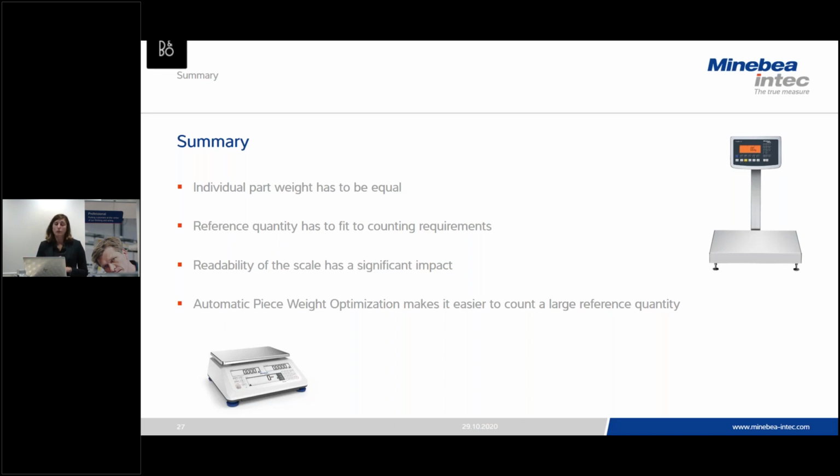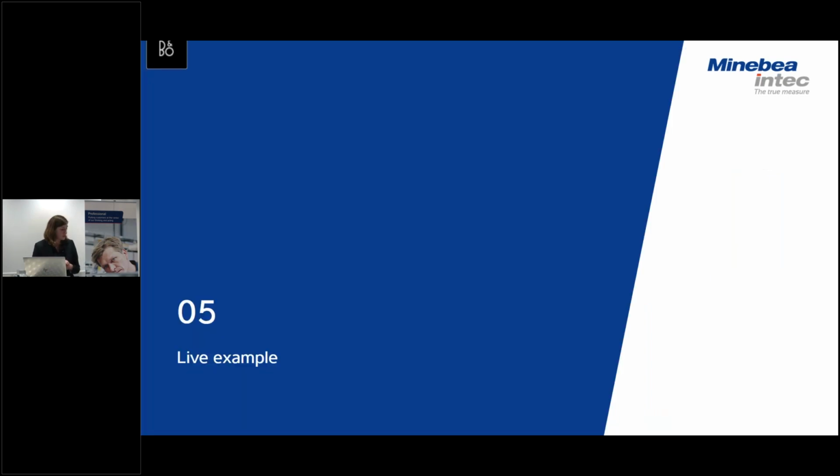The readability has a really high impact on the counting result. And if you have a high reference quantity, it really makes sense to have an automatic piece weight optimization. All of our scales have an automatic piece weight optimization. Yes, and this is the point where I want to come to my live example.